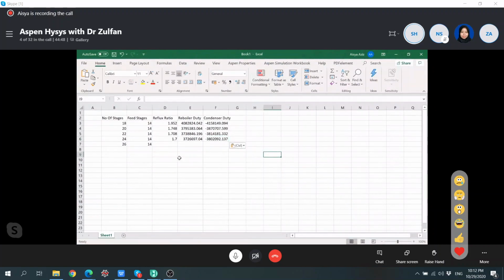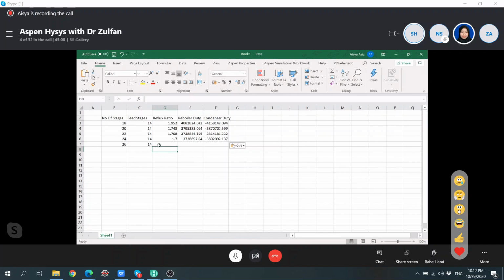Now, what do you see? Of course, there will be an increase in both reboiler and condenser duty, less demand for energy, and a decrease in the reflux ratio.